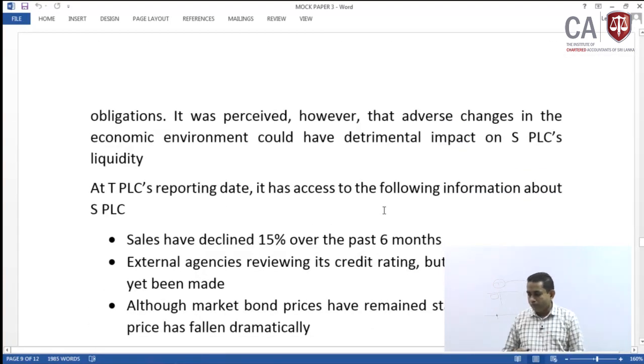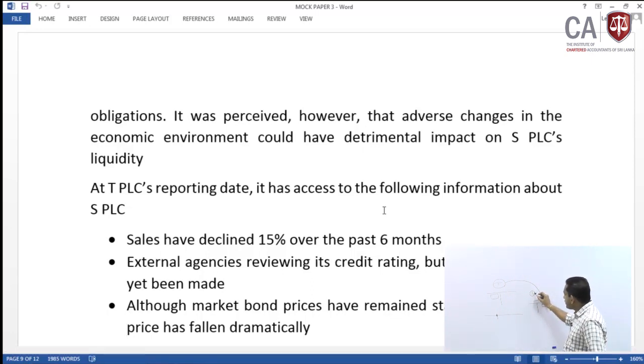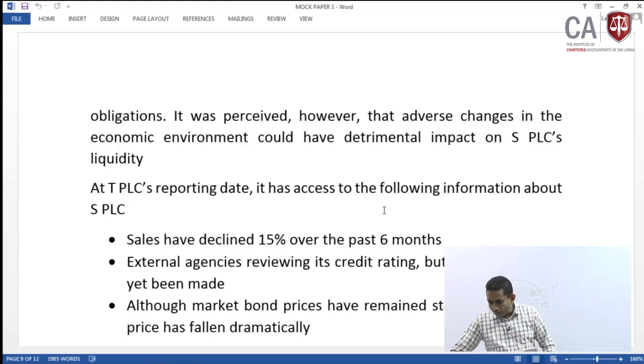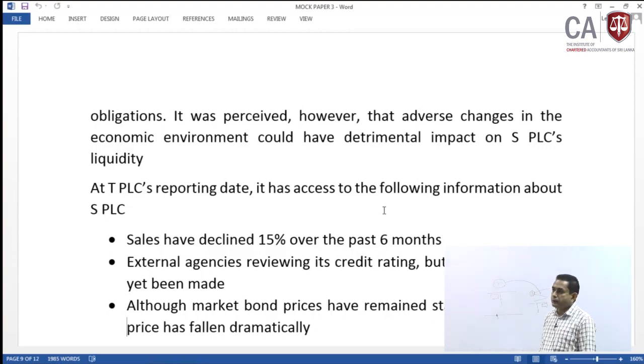What is it? Sales have declined. Sales of which company? Company S have declined by 15%. So, a drop of 15% of sales can have a significant impact on the future cash flows.